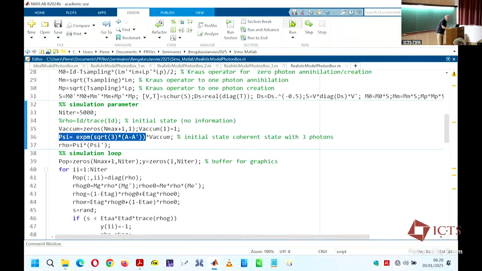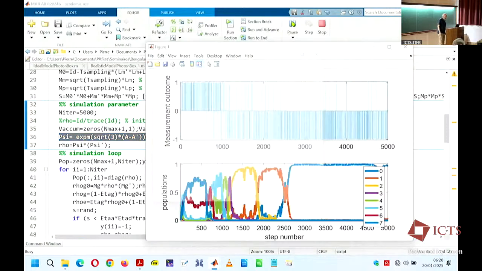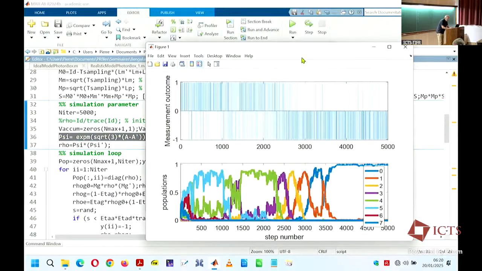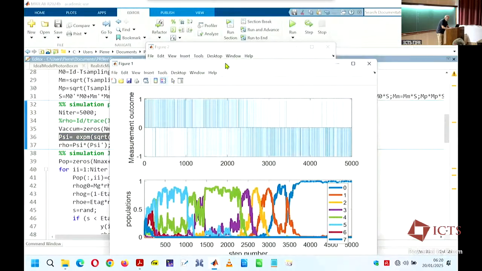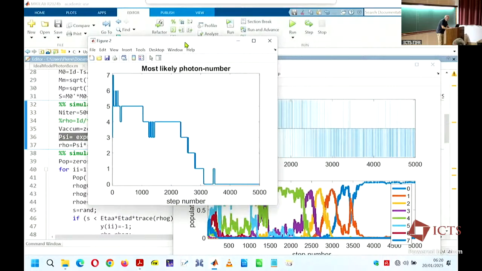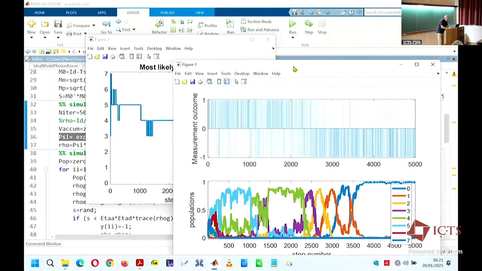And you obtain this. This is what you see. And what you see is the progressive collapse. So you see, I start with this, and here I am quite lucky in my simulation. More or less, I reach around 5 photons.